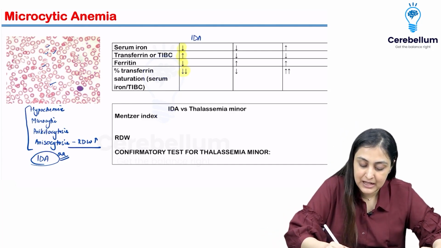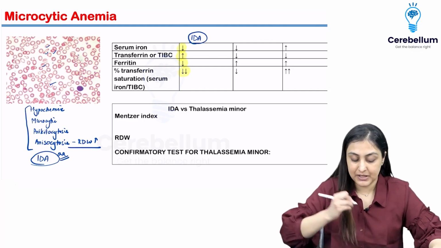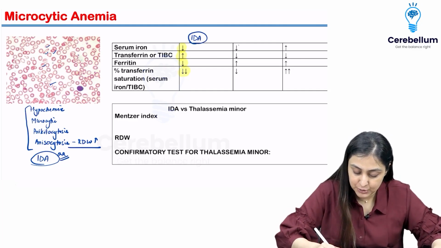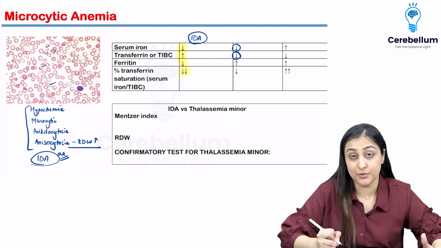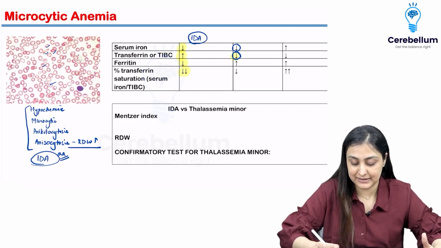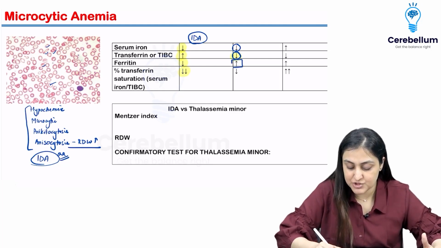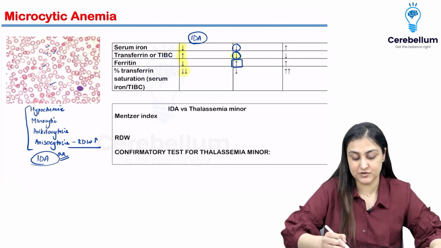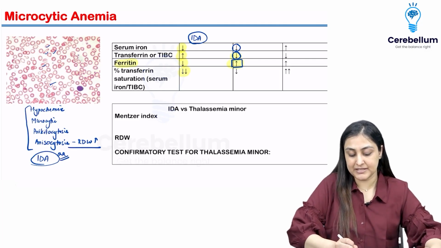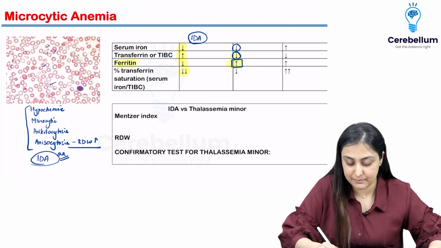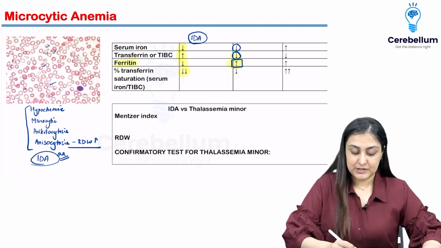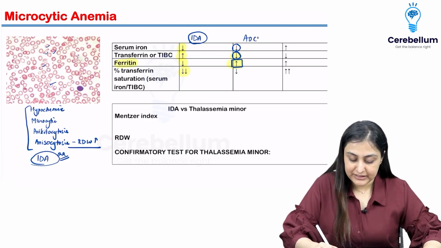So this is simple iron deficiency anemia. If you find that iron is low, TIBC is also low, meaning we do not have that increased total iron binding capacity, you have ferritin which is high and transferrin saturation which is low. So here the hallmark is ferritin which is increasing, which is a marker of inflammation. So this is anemia of chronic disease.